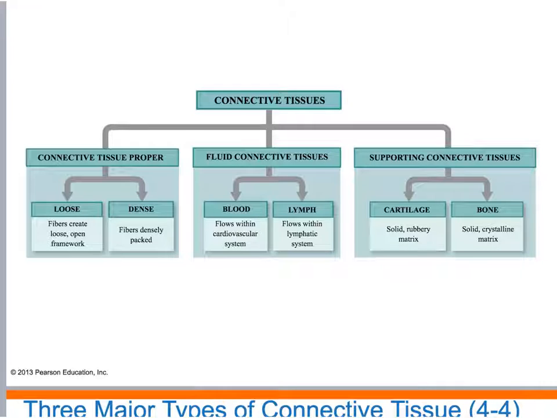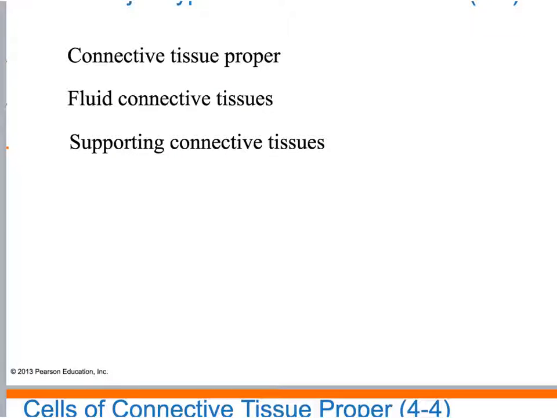And the third division or type of connective tissue is the supportive connective tissue, and it can be divided into cartilage and bone. Now, as we go on, there are three types of connective tissue: connective tissue proper, fluid connective tissue, and supportive connective tissue.